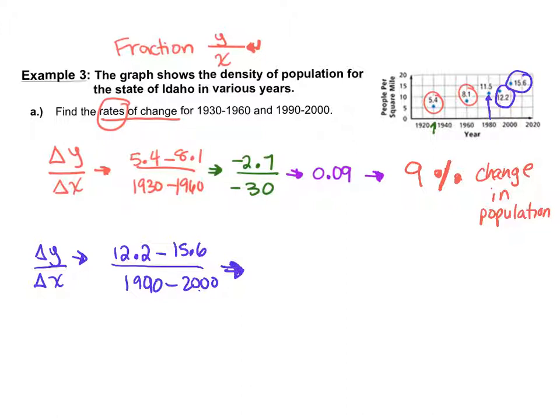Doing the mathematics, we get negative 3.4 over negative 10, which, once you do the division, well, anything divided by 10, you're literally just moving the decimal one to the left. So this is really 0.34, which is a 34% change in population.